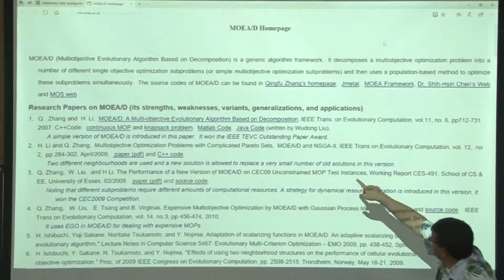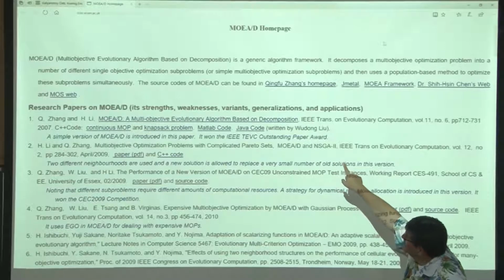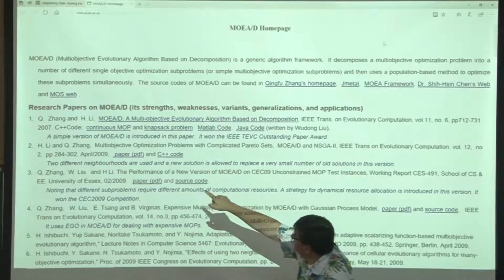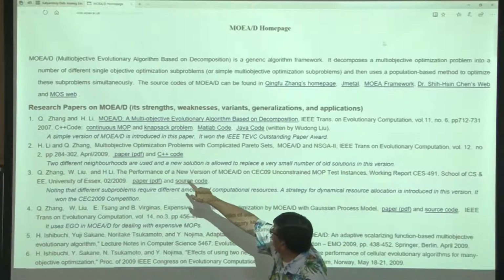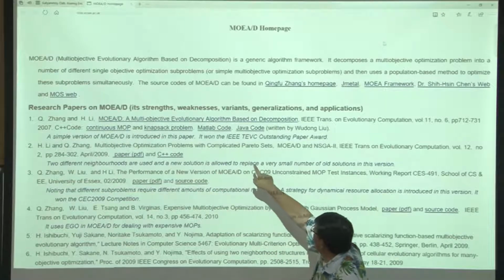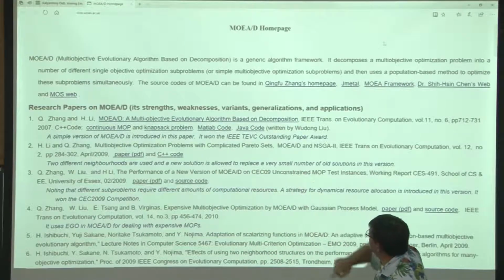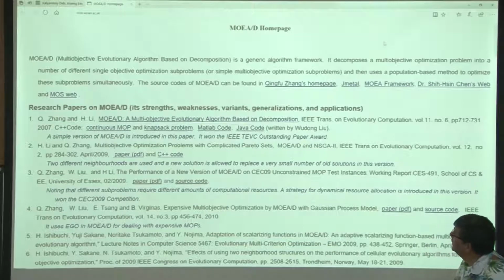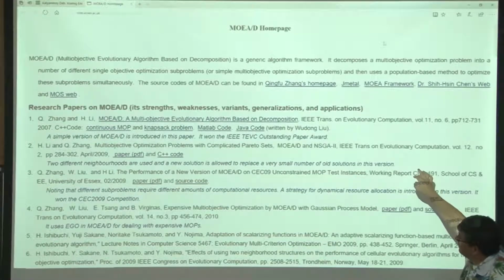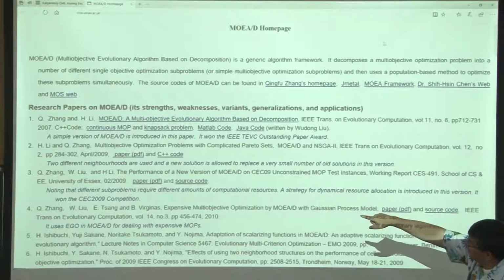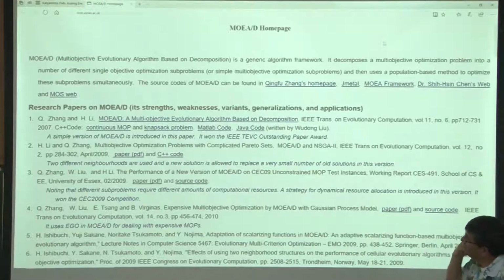So this is the original MOEA/D. So you can see he has the code in C++ for continuous and knapsack problems. Then he has a MATLAB version, a Java version. And then he has the version that he used for the paper of 2009 that we just saw on these complicated Pareto sets.